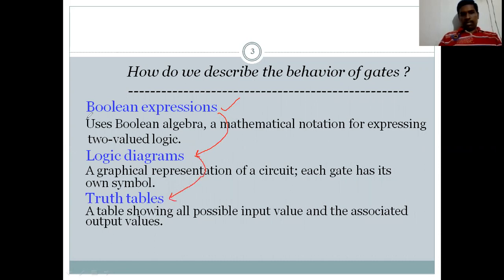In the case of Boolean expressions, these gates help us analyze the functionality of the equation or function given, with the help of the logic diagrams. For each logic diagram, there will be a particular truth table, which shows all the possible input values with respect to their own output values. That means for each input combination, there will be a respective output, clearly shown in the truth table. Like this, you can analyze the behavior of the gates.